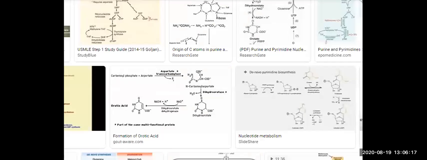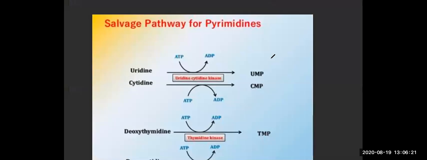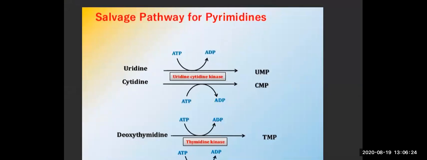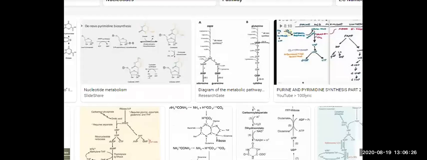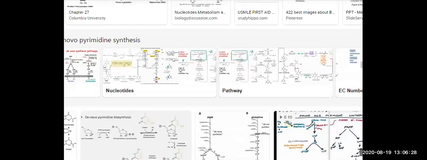Okay, this is purine synthesis, not pyrimidine synthesis, but I just want to see a synthetase enzyme.